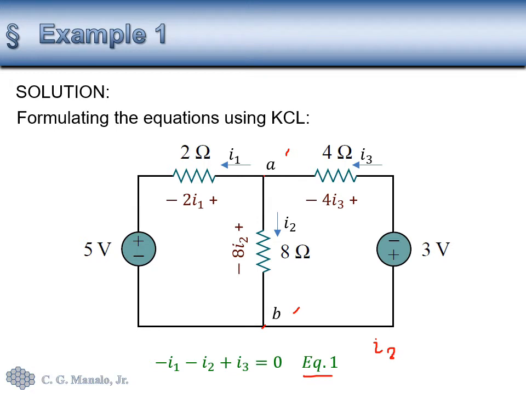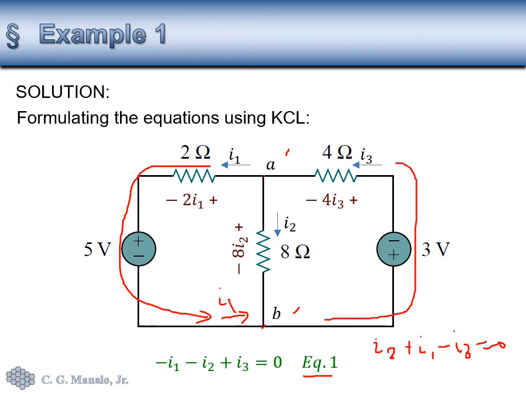I2 plus I1, because I1 is entering here, because this I1 here will go all the way here, and minus I3 equals 0, because I3 is also here, goes all the way there.